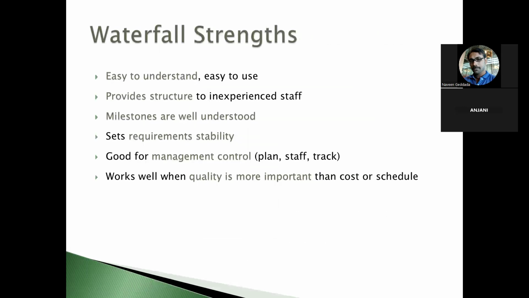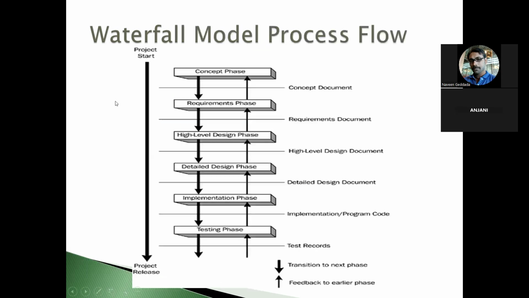So now you see the strengths of the waterfall model. As we discussed, it is easy to understand, and even persons who do not have any experience will be able to understand the structure of the process very easily. You see the milestones here; each of these phases is called a milestone.